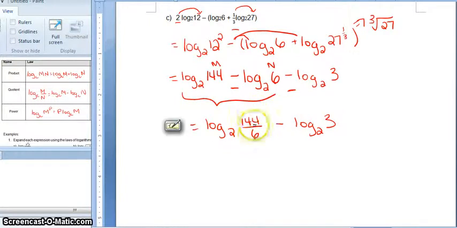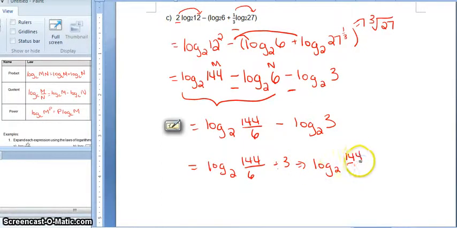And then you guys can simplify, or let's rewrite using our quotient rule again. So we have the log of base 2, 144 divided by 6, and this is dividing, so it would be divided by 3, or we can just rewrite that as the log of base 2, 144 over 6 times 3.